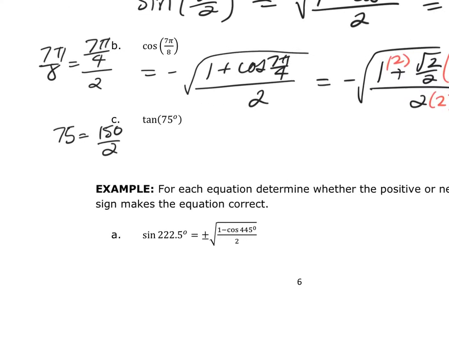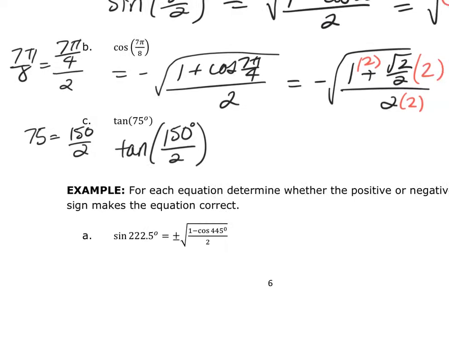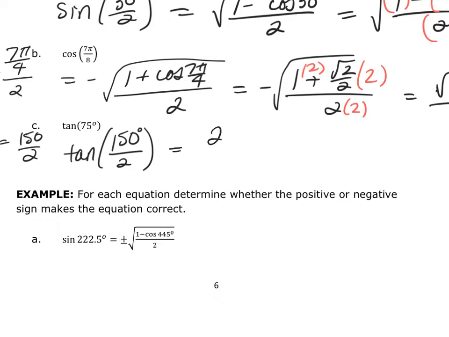Finishing up this last one, I'm going to do the tangent. This is going to be equal to the tangent of 150 divided by 2. Now, if you all don't like the half angles, you don't ever have to use the half angles. You can use the sum and difference. It's okay if you don't like these.